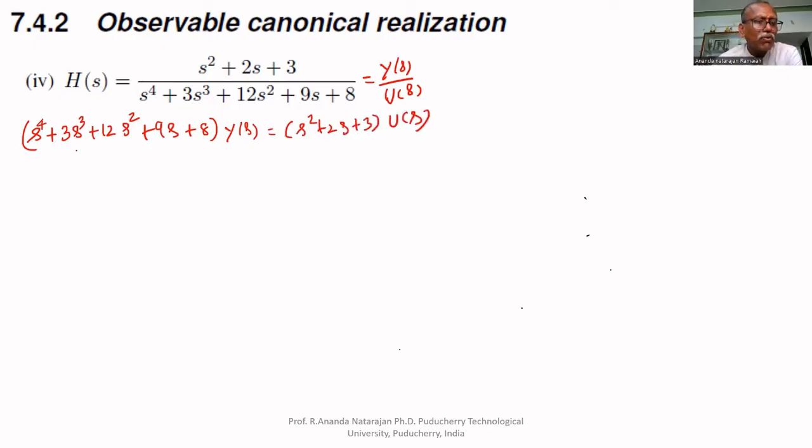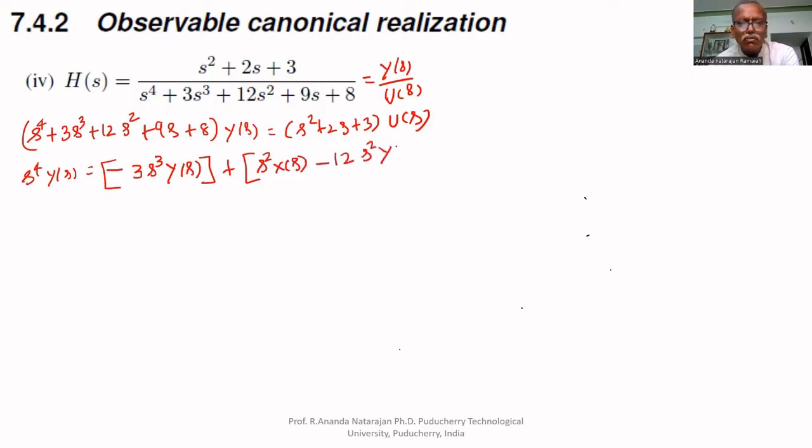If we keep s power 4 Y of s on the left hand side and keep other things on the right hand side, what we will get is minus 3s cube Y of s plus s square U of s minus 12s square Y of s plus 2s U of s, minus 9s Y of s.